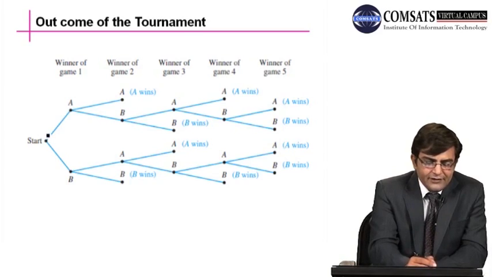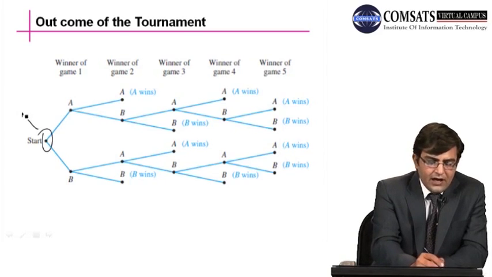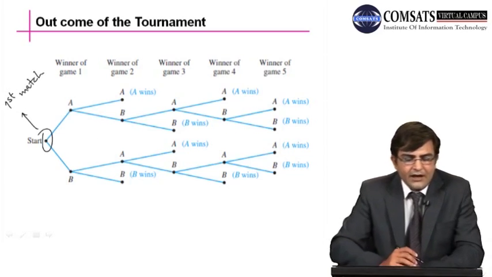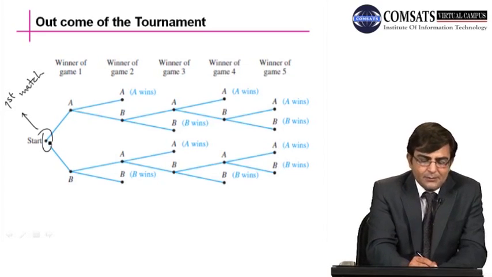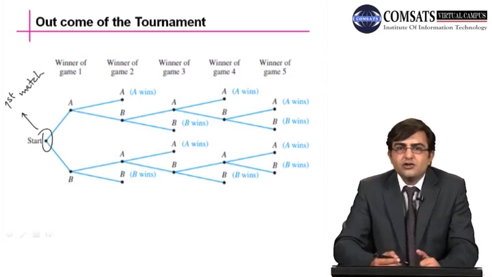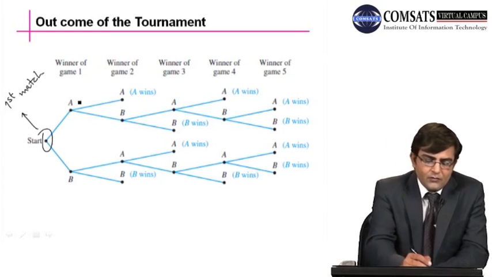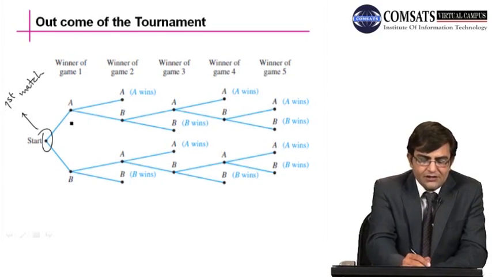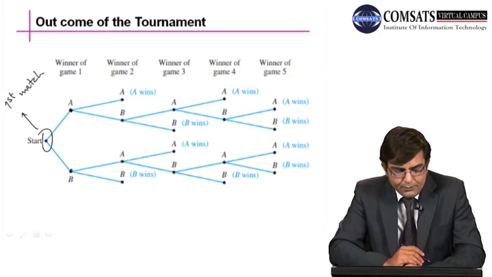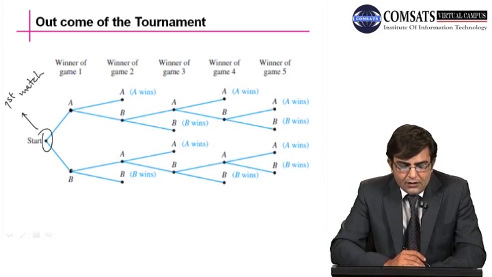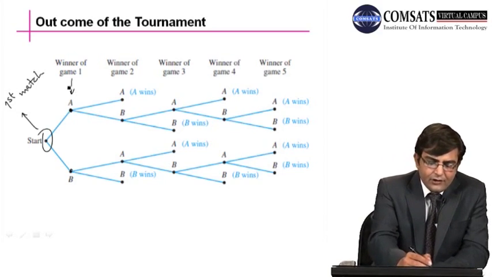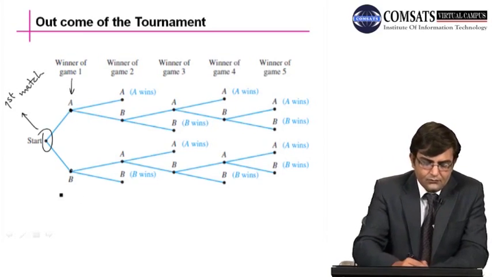Here we played the first match between team A and B. The first match has been played. There are only two possibilities, either A wins or team B wins. So here we have marked two branches, in which the first possibility is that A wins, the second possibility is that B wins. These are basically the winner of the first game, this column.